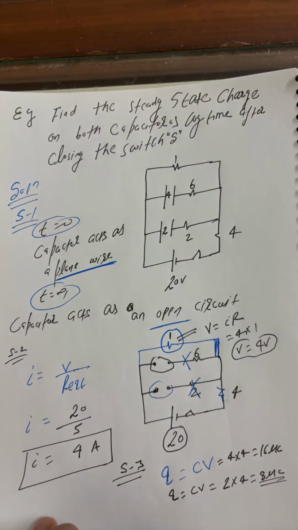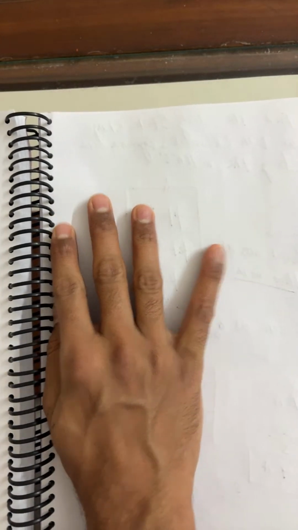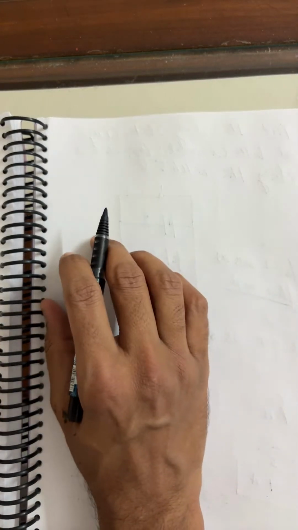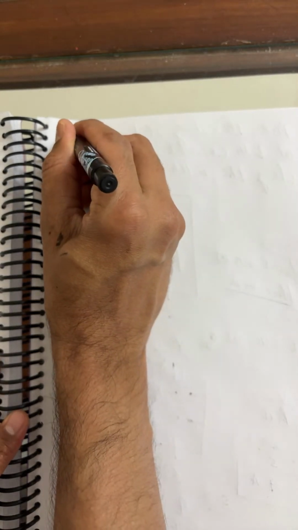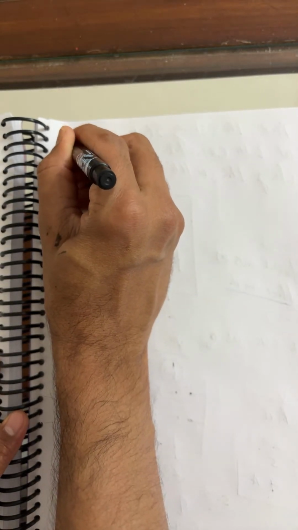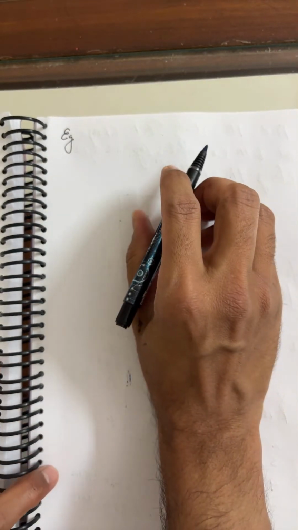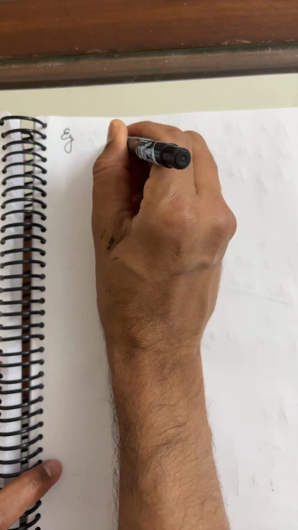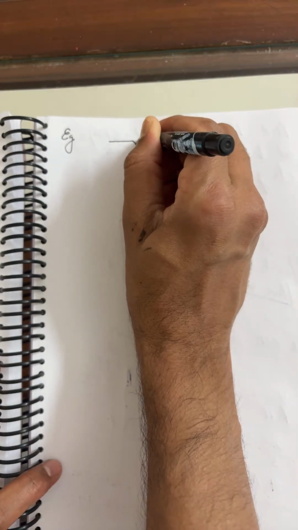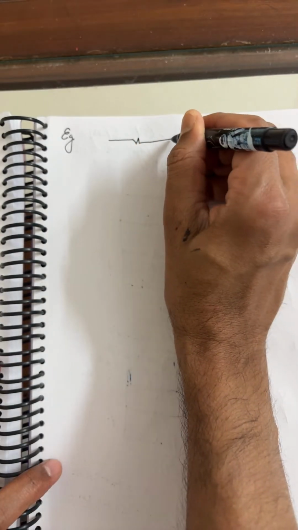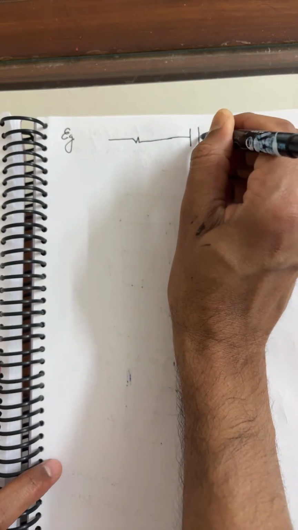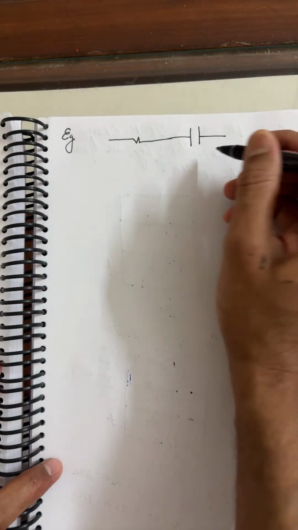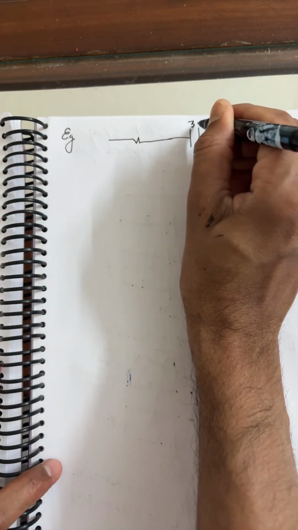Take a snapshot. So student, in this question again we have to find the charge. First I'll make a circuit diagram, then I'll tell you, my dear. This is 3 microfarad.